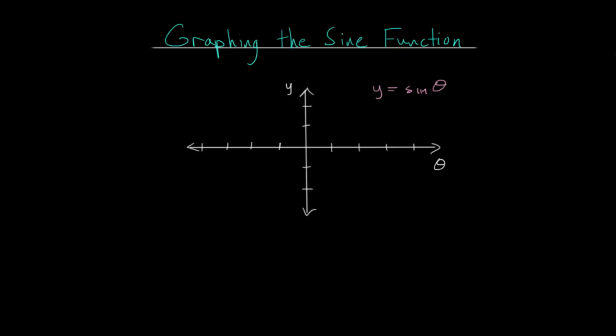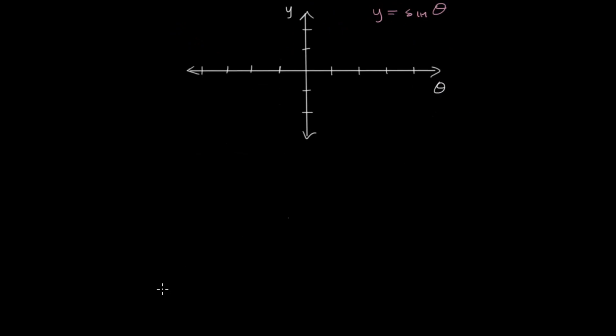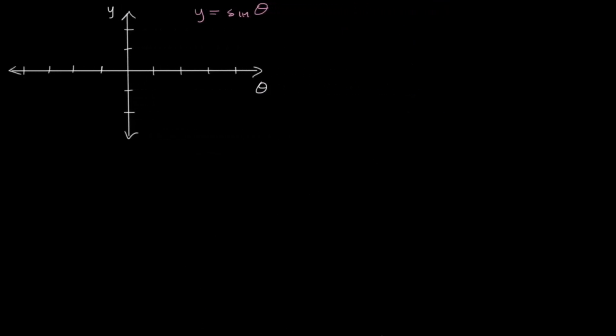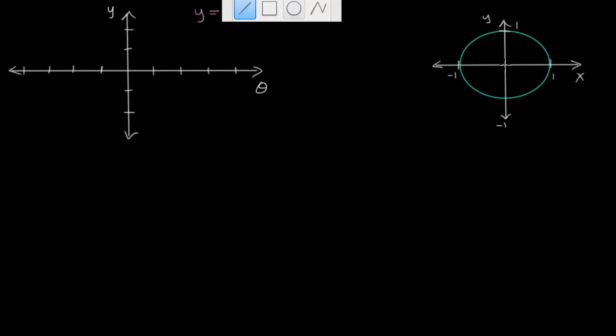So let's make a little bit of room, and we just need the unit circle. So let me paste in a picture of that. And remember with the unit circle, the distance from the origin to any point on the circle would be 1. And we measure this angle. This is called theta.